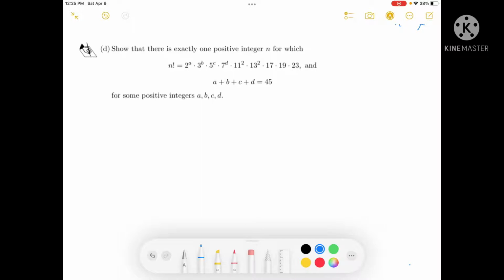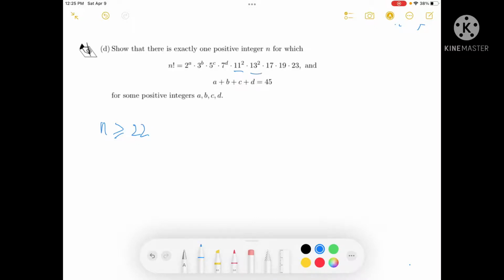Firstly, when we look at this number and its factorial, we can recognize that there are two factors of 11. The first two multiples of 11 are 11 and 22, so n must be greater than or equal to 22.